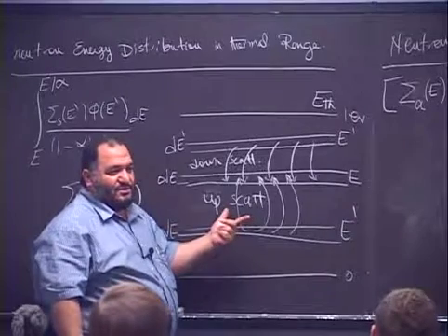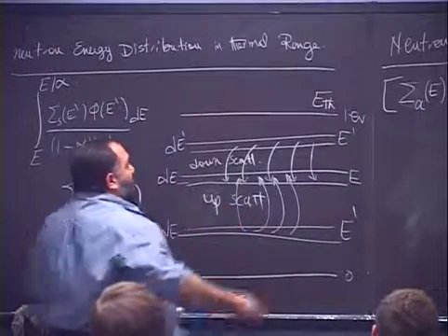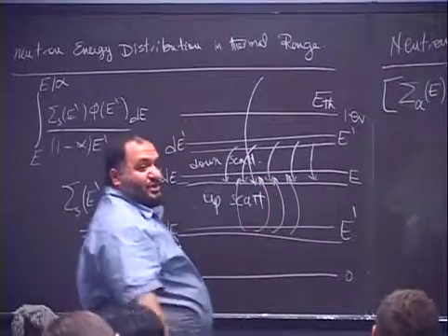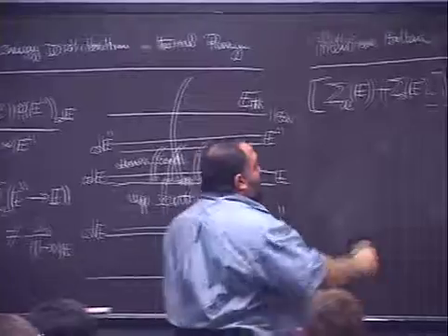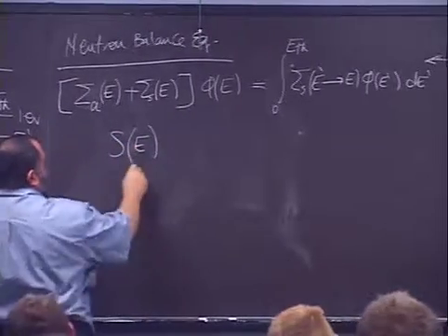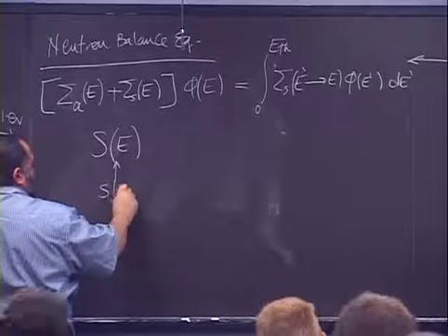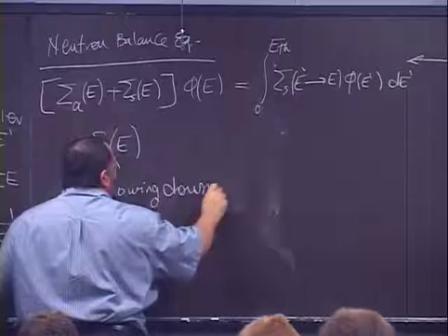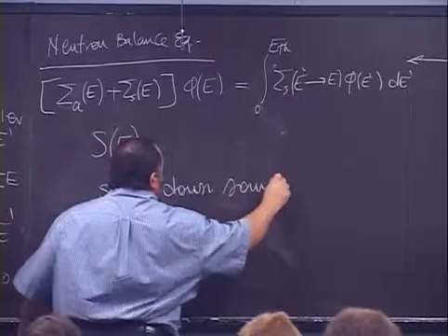Scattering from epithermal? Yes, it's scattering from the epithermal. So there are some neutrons that come directly from there to the energy E. And this is the source S of E. So this is what? The slowing down source.